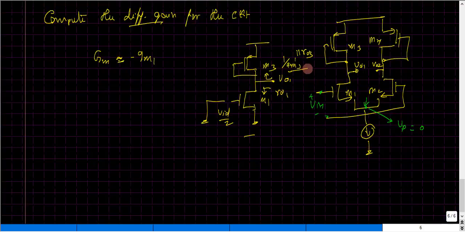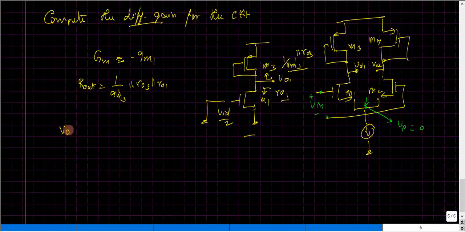So this top resistance goes in parallel with the bottom resistance, and that contributes to the total Rout. So which would be gm3' parallel with ro3 in parallel with ro1.